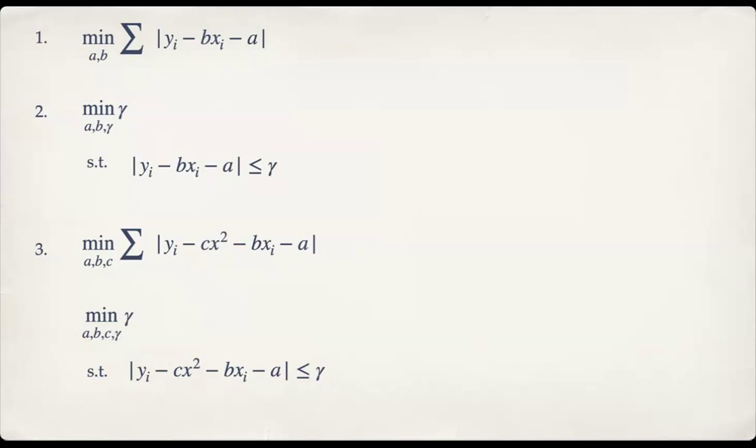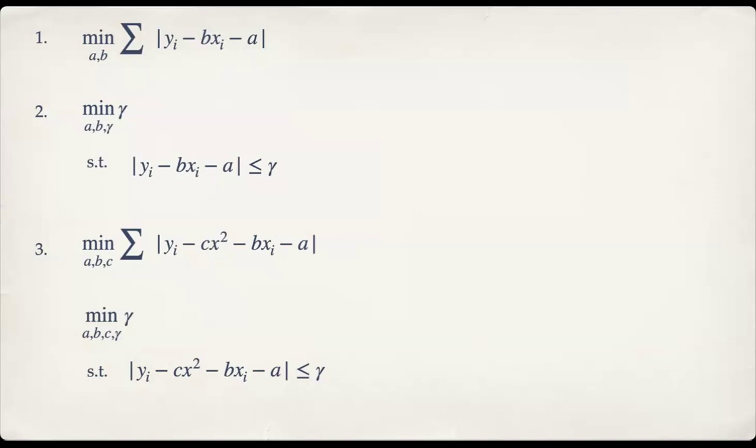And for the second case, where we want to minimize the maximum deviation, we set the maximum deviation first. We call it gamma, and this gamma is a positive number, of course. It is the maximum deviation, where each deviation must be less than gamma.